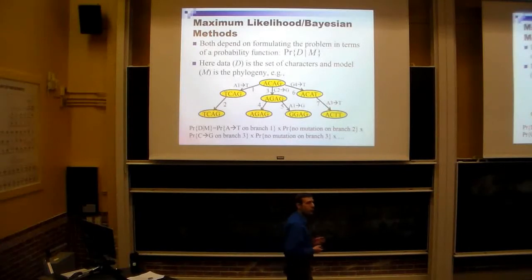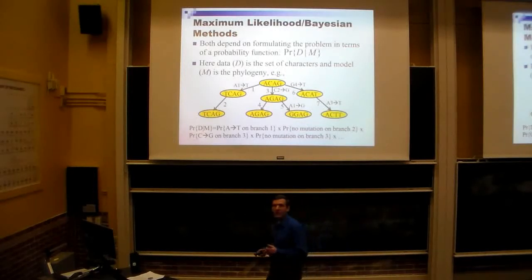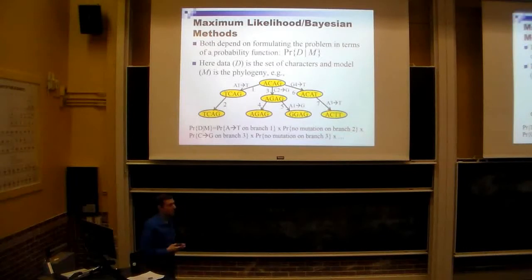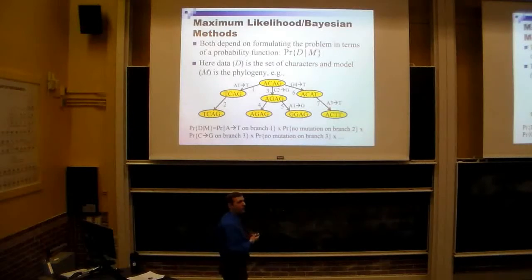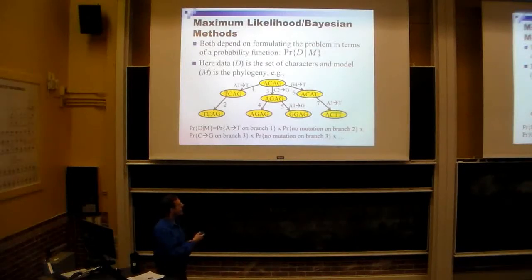Often people will move to the probabilistic sorts of methods, maximum likelihood or Bayesian modeling, in which instead of using parsimony, we will set up a probability function, so a likelihood function. We've seen likelihood functions in a few contexts before here. In this case, we would say that our data would be our set of characters, or strings of characters characterizing our taxa, and our model would be the evolutionary tree.